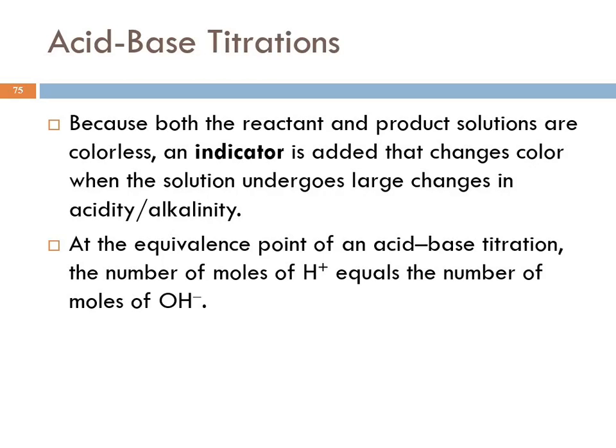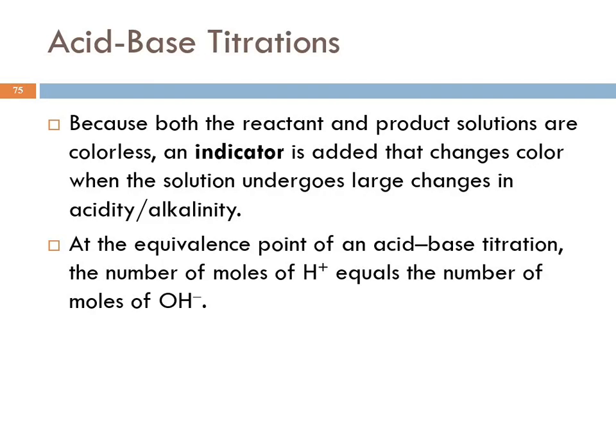Now, as we mentioned earlier, when you have an acid-base reaction, there's nothing to see. There's some heat generated, but that's not going to help you identify where that equivalence point is. And so what we often do is we add an indicator. An indicator is a substance that changes color depending on what the acidity level of the solution is.